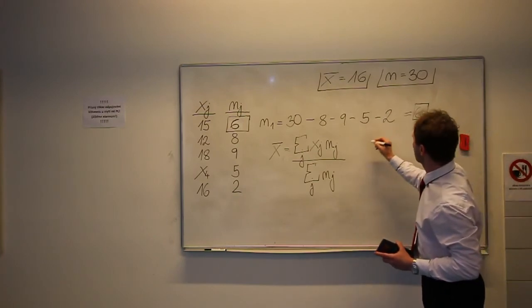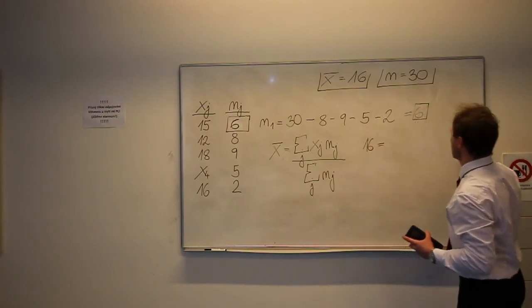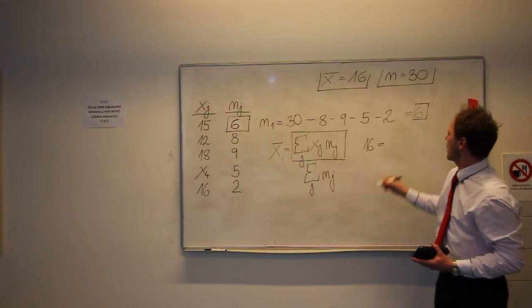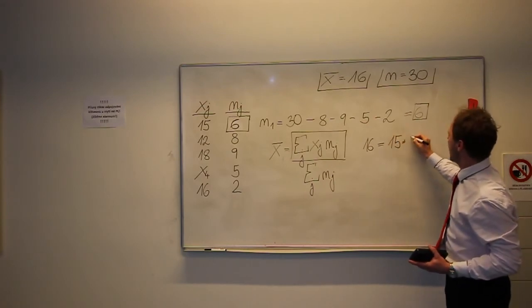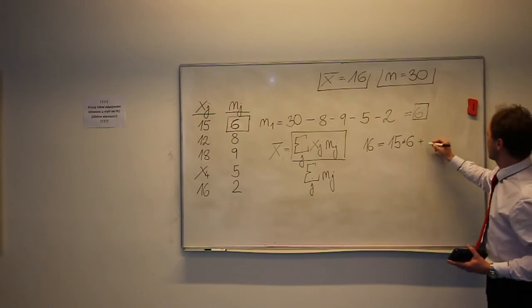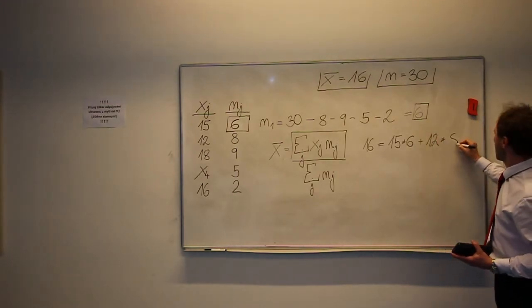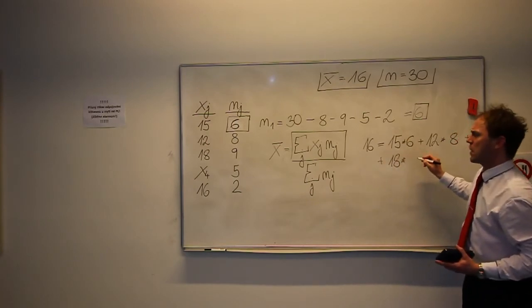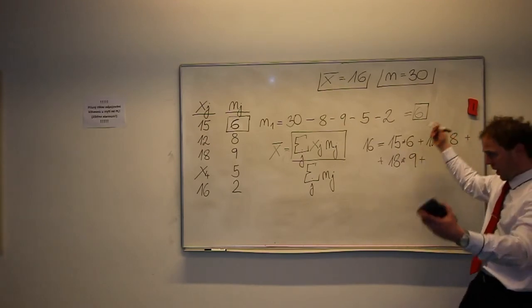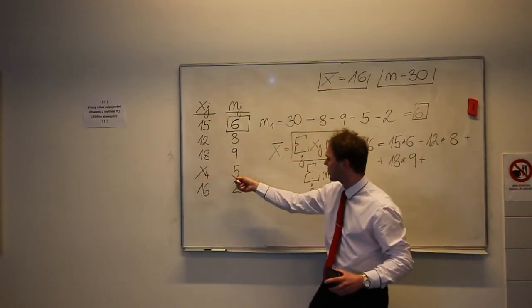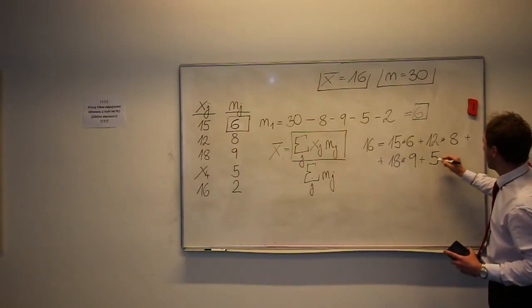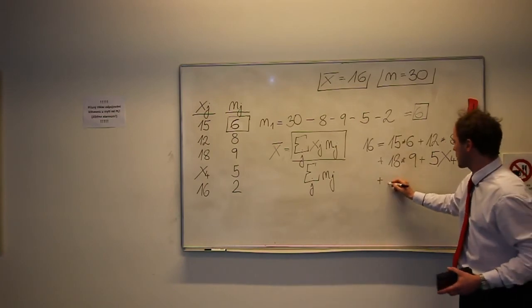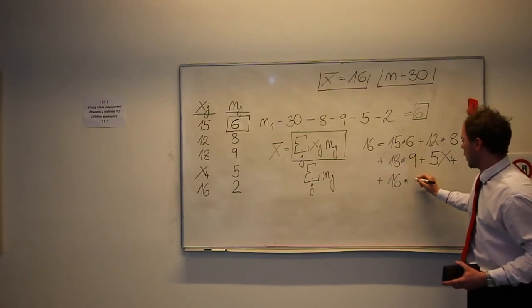So, we know that 16 is equal to, and now I will rewrite here the numerator: 15 times 6 plus 12 times 8, plus 18 times 9 plus, I don't know, x4 times 5, so I will write here 5x4 unknown, plus, and finally there is 16 times 2.